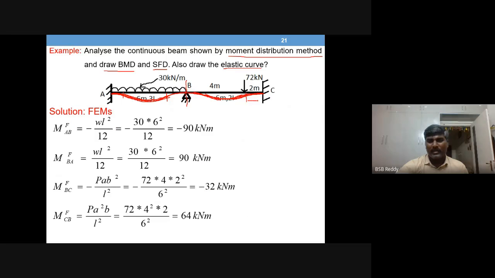This is the curve for hogging that we draw, and this is the curve for the sagging portion. So likewise, you can combine all these hogging and sagging portions, and you will get the elastic curve. So this is how we draw the elastic curve.